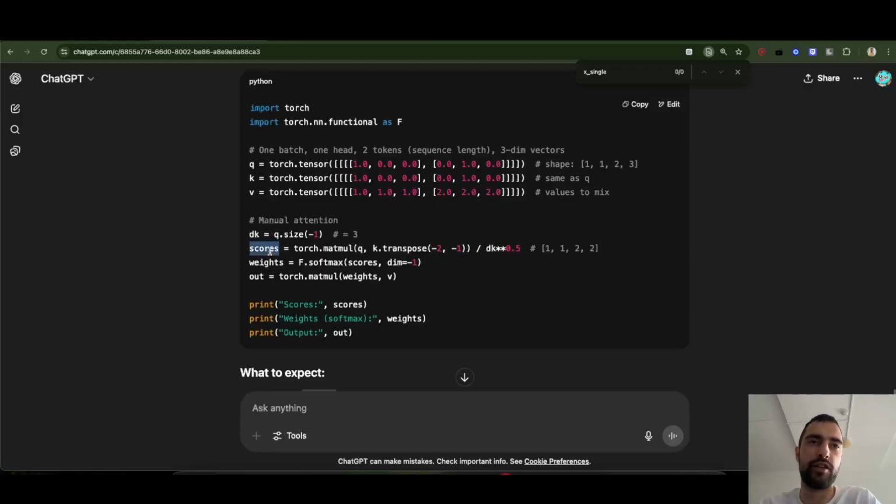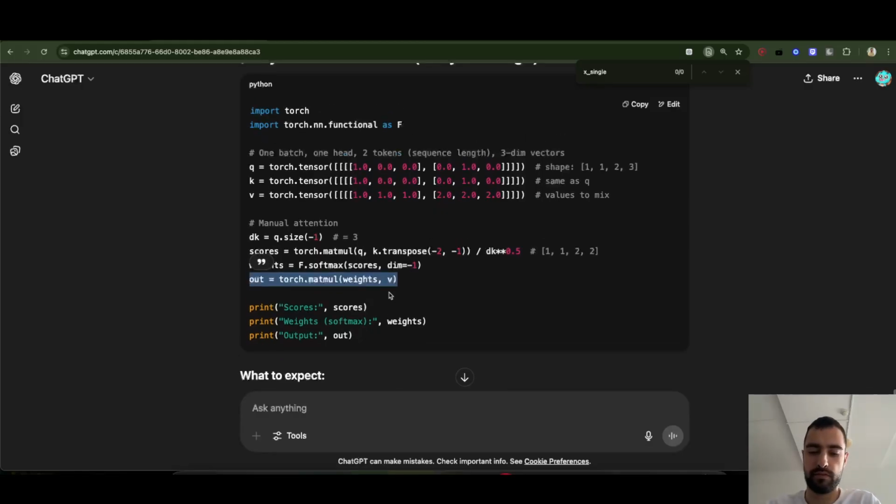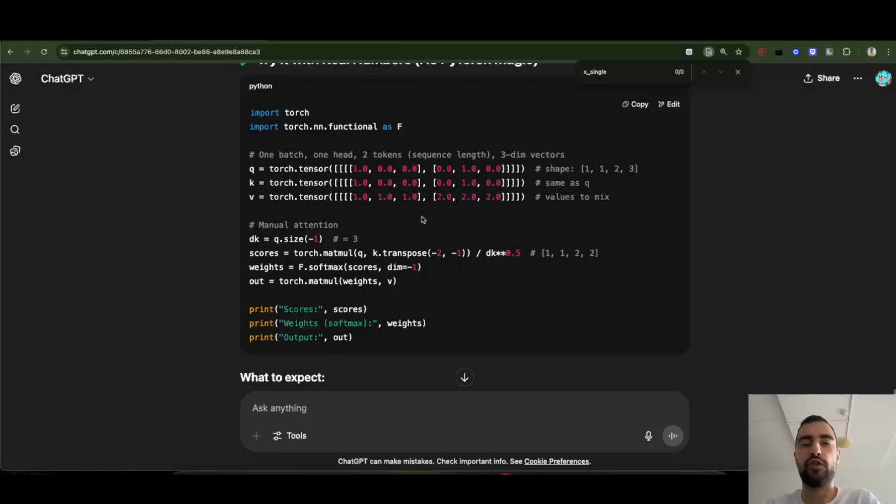This is the classic attention from Attention Is All You Need. We need to multiply queries and key transpose, transposing the second to last and last dimensions. And then divide by the square root of the dimension of the query, so square root of 3. Weight is going to be softmax over that, over the last dimension. And then output is just multiplying weights and values. This is the classic attention calculation formula.